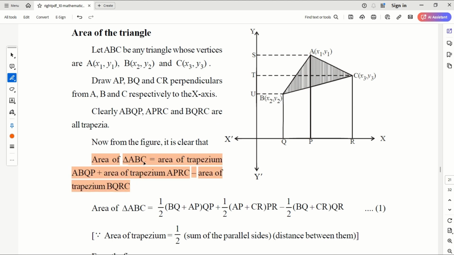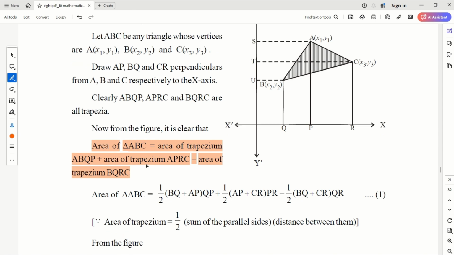Area of triangle ABC equals area of trapezium ABQP, once again I'm showing here, ABQP, plus area of trapezium APRC, minus area of trapezium BQRC. I'm cutting off this part basically, so I will get only the area of ABC.